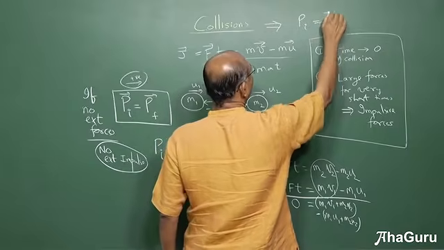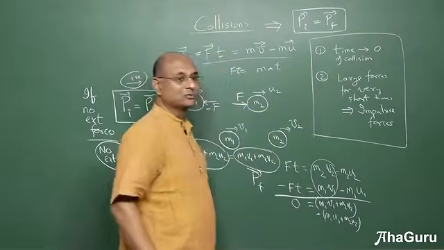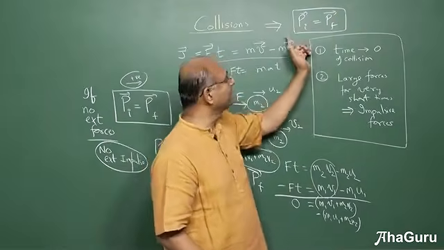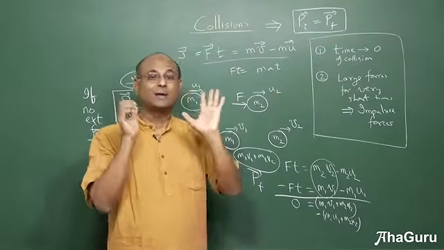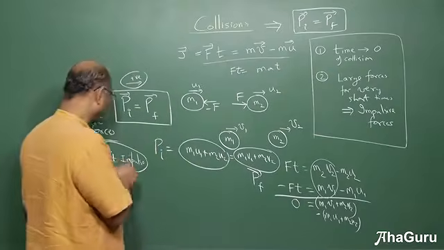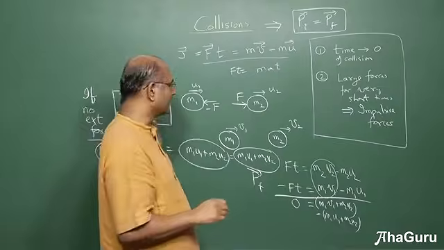Okay, before and after collision, this depends on the direction, obviously. So for X direction, you will have momentum beginning must be momentum in the end. Y direction, momentum beginning must be momentum in the end, as long as you know that there are no external impulses. Is that clear? 0 external impulse.